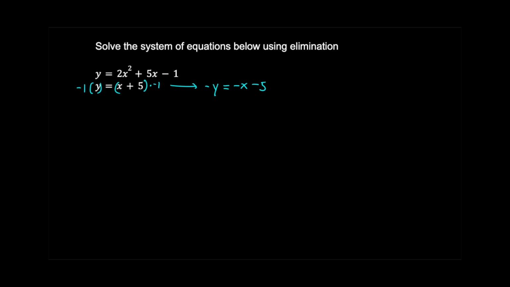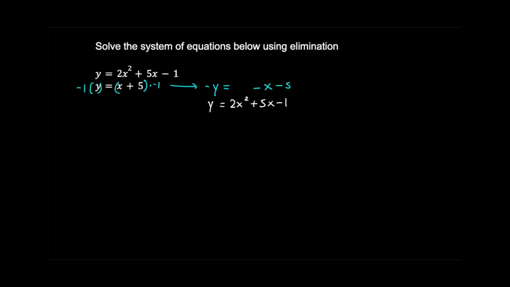So we're going to have y equals 2x squared plus 5x minus 1. So I'm going to go ahead and just rewrite that first one slightly so that my like terms line up. So it was negative x, or negative 1x, minus 5.